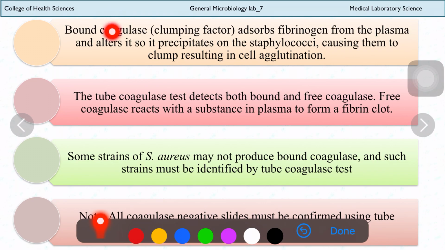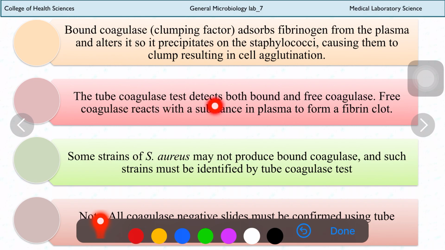Bound coagulase, we said about that previously, is a clumping factor, and it absorbs the fibrinogen from the plasma and changes the fibrinogen to fibrin, and it will cause a precipitation or agglutination or clumping of the bacterial cells. That's why you'll see agglutination. The tube coagulase test detects both bound and free coagulase. Be careful about this point.